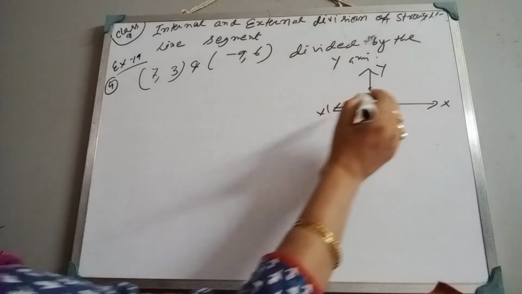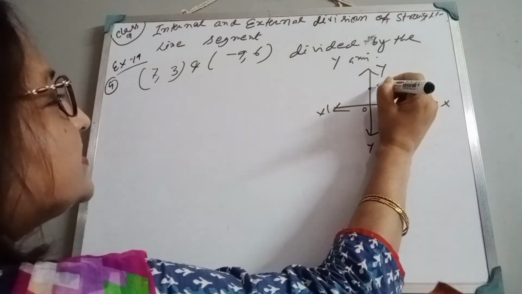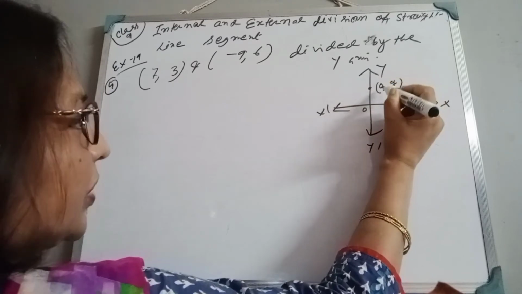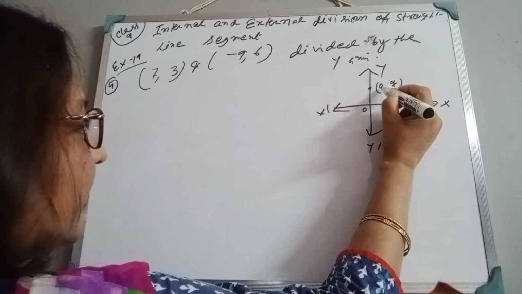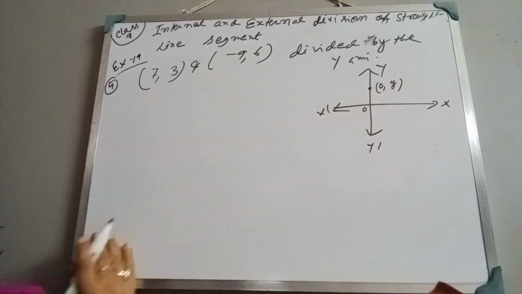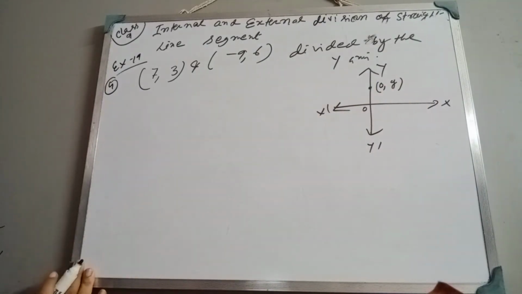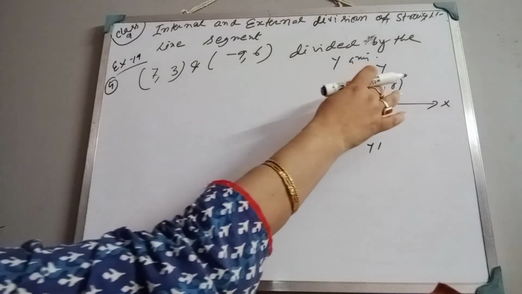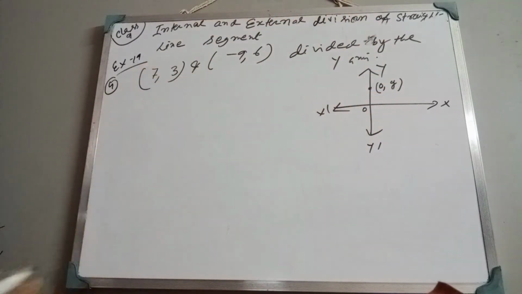So let us take the coordinate as 0, y. The x coordinate we always write as 0 and the y coordinate y. The point is on the y-axis, therefore its x coordinate is always 0. Remember this.